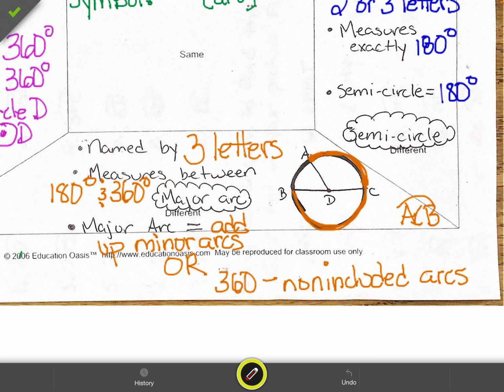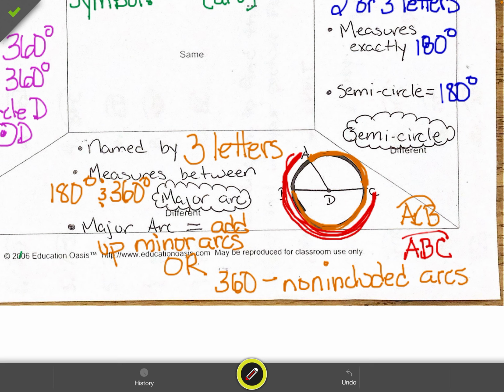Let me go red. What if I started at A, and I'm going to come on the outside, go to B, and come around to C? Okay, that is definitely more than half of a circle. But it's completely different than the one I have colored in orange. So we would call that arc ABC.